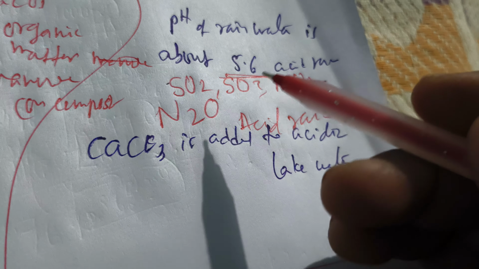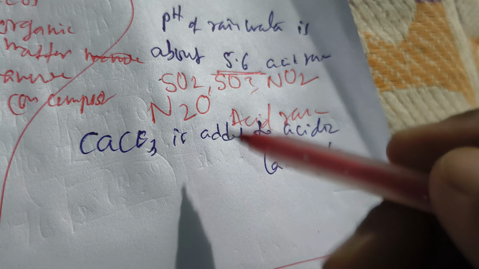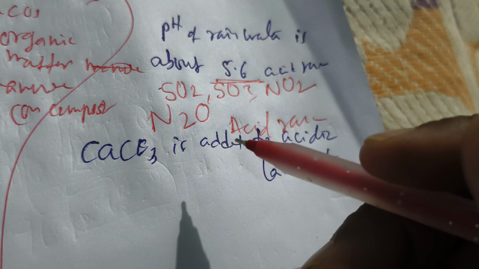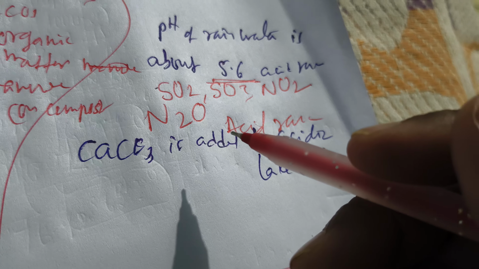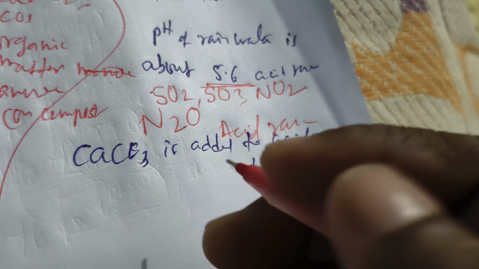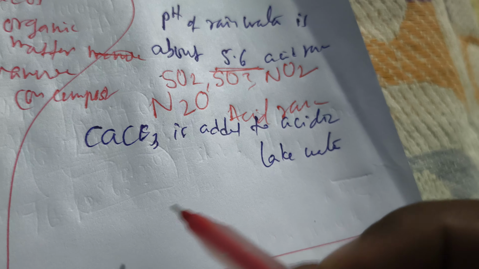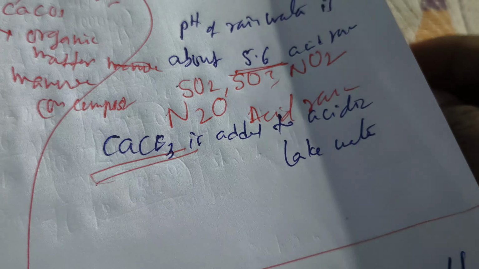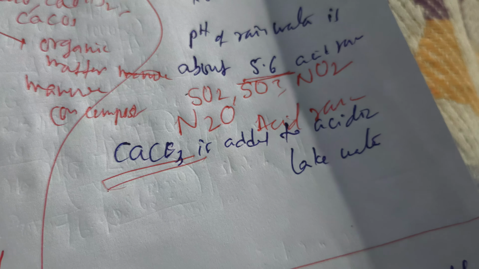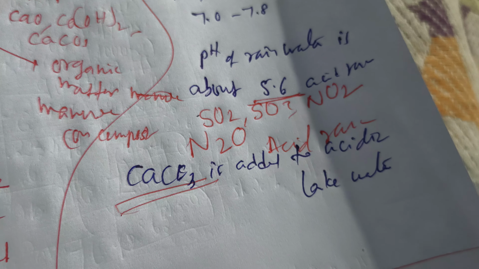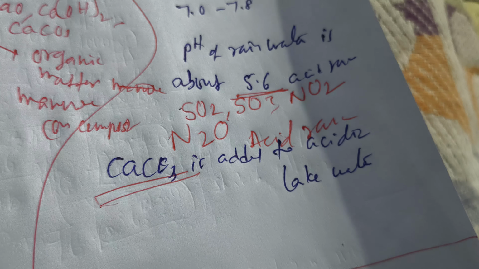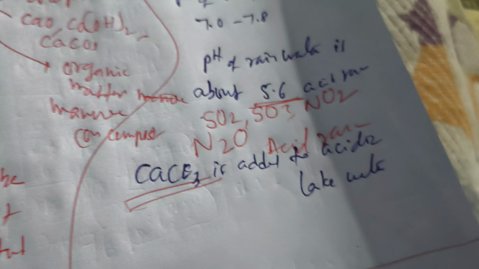Too much acid rain can lower the pH of lake water to such an extent that the survival of aquatic animals becomes very difficult. To avoid such a problem, we have to add calcium carbonate, which neutralizes the acidic nature of water, and then the aquatic animals survive very comfortably.